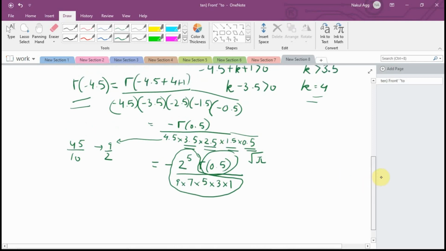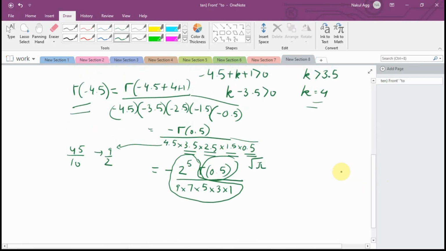So this special property only exists for these half integral values. So it is true for negative half integral values. So we have minus 4.5, which is nothing but minus 9 by 2.